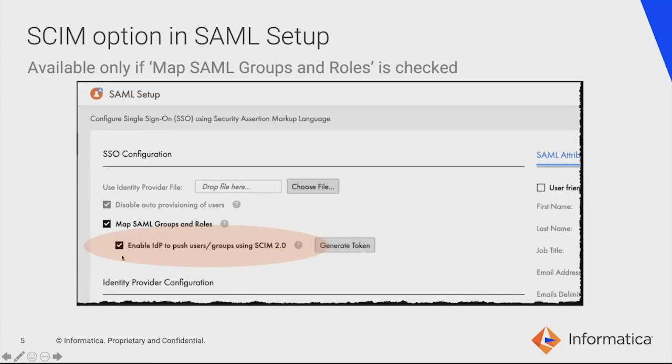Once you've enabled this, you can go ahead and configure the SCIM provisioning on your IDP side, and also do some group mapping on the Informatica side. We will see the complete end-to-end flow of enabling this in both IDP and Informatica to have a seamless sync between these two systems. But this is the starting point for you to enable SCIM in the admin console.